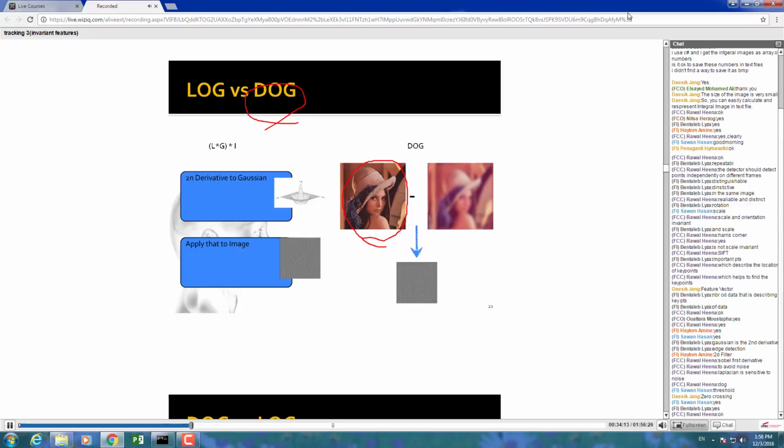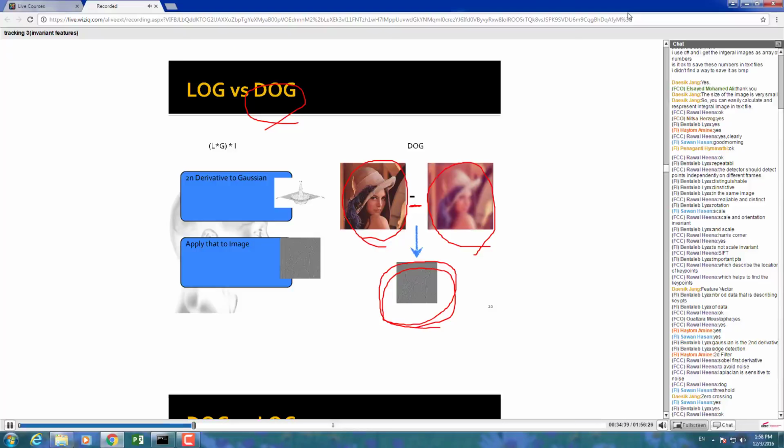For example, I have one Gaussian image that is not so blurred, and another Gaussian filtered image that is a little bit more blurred. Then we just subtract these two images, and as a result we get this kind of DOG image.